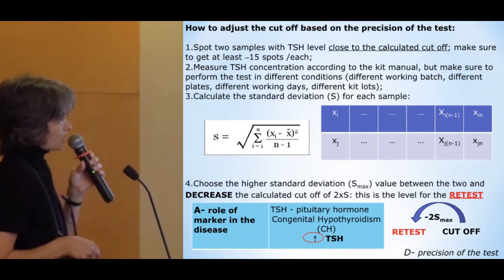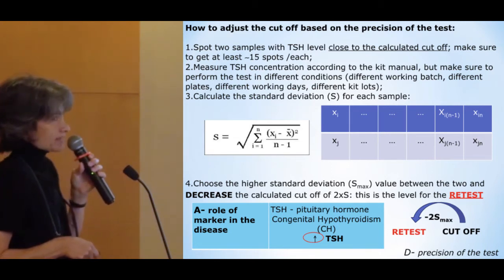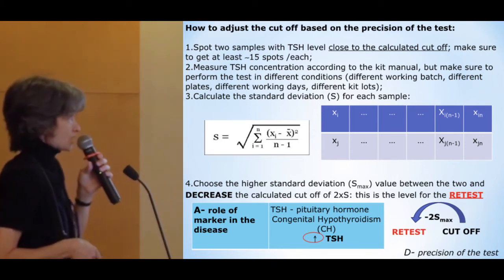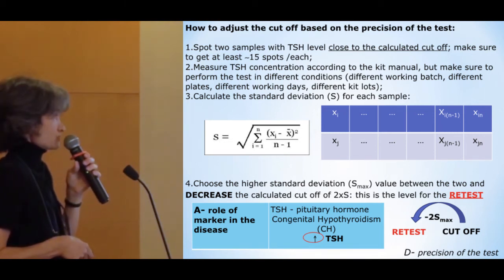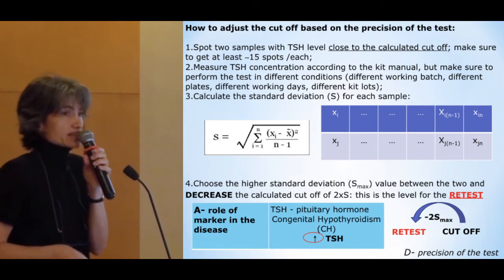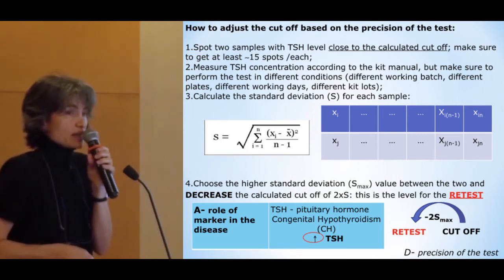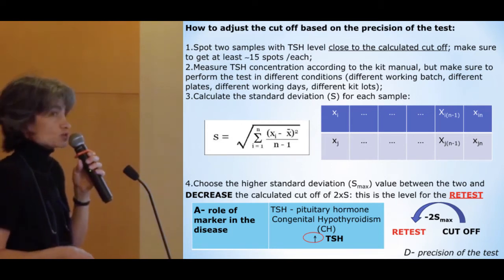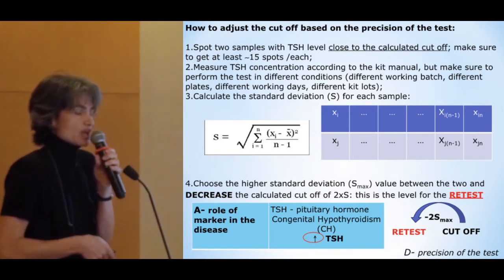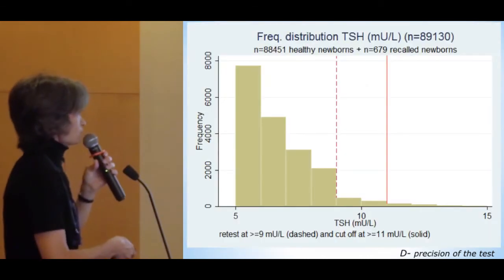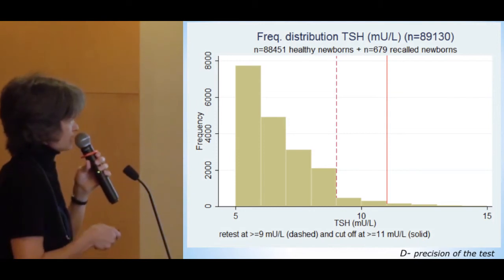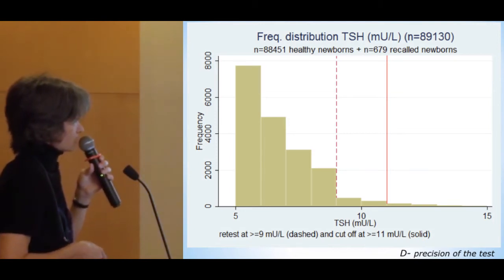And what do you do? You double your maximum standard deviation, and make sure to understand this, you subtract this value from the calculated cutoff, okay? Why do you have to subtract it? Because we need to pay attention to the higher range of TSH. So, okay, this is the cutoff for my samples, and this is what I've just calculated.